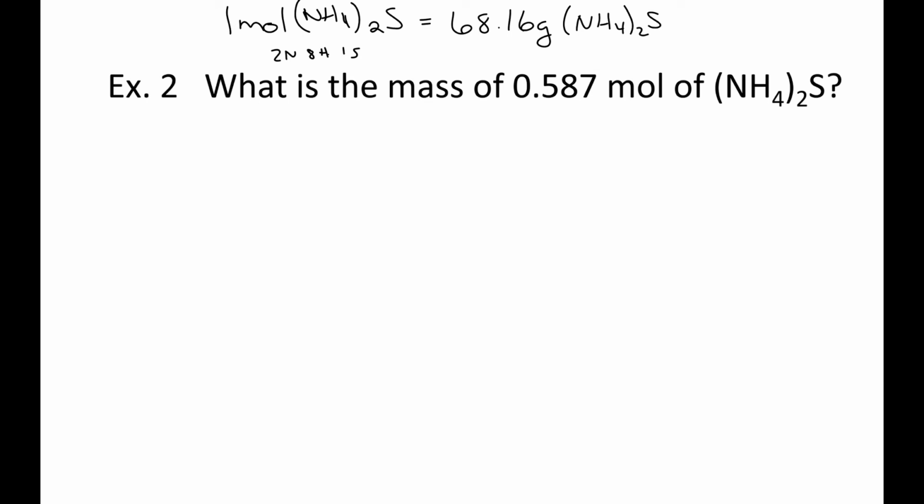Okay, so we're going to put that in our picket fence. So we're going to start out with 0.587 moles of (NH4)2S. Now guys, when you do the quiz or the practice problems, please do not get lazy. Do not leave out the substance. I will count off, okay? When we get to the next unit, you're going to have to.